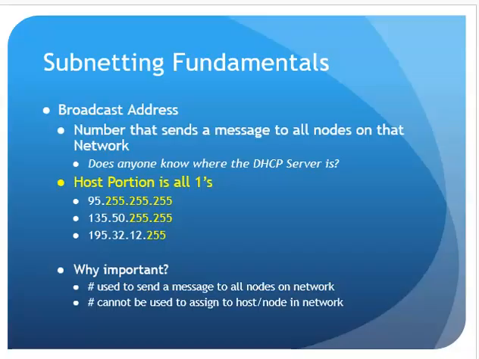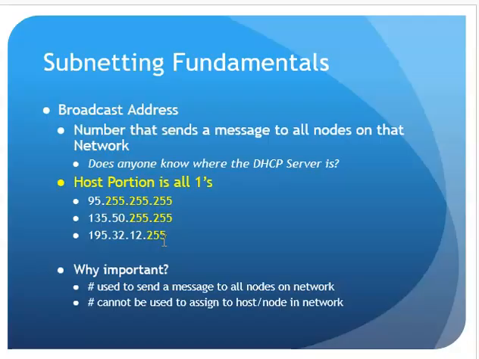If I have the host portion as all ones, that's a broadcast message. 95.255.255.255 would be a broadcast for that Class A network. 135.50.255.255 would be a broadcast for that Class B network. 195.32.12.255 would be broadcast for that Class C network.